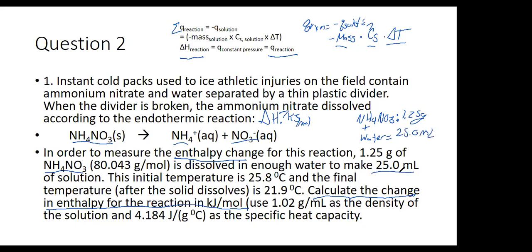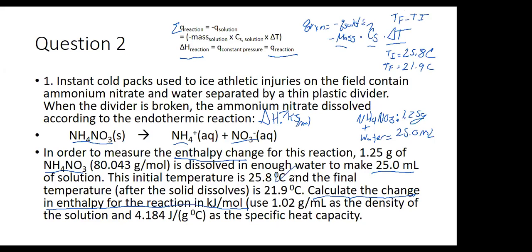My temperature initial is 25.8 centigrade. My temperature final is 21.9. So I just got the information for delta T, because I have T final minus T initial.